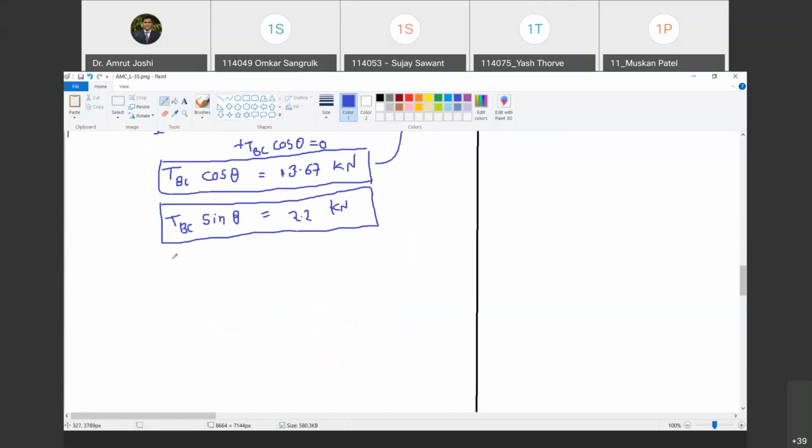Yes, sir. Now same trick. If I take the ratio of TBC sin theta by TBC cos theta, I get tan theta is equal to 2.2 upon 13.67. So can you tell me how much is that?